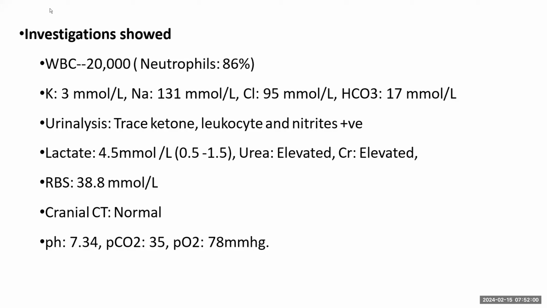Because if it is from DKA, the ketones will have been elevated, and also the random blood glucose. But they didn't give us blood ketones. Even if they did not give us, they will have given us features that are glaring for DKA, because if it is DKA, the bicarbonate should be less than 17.